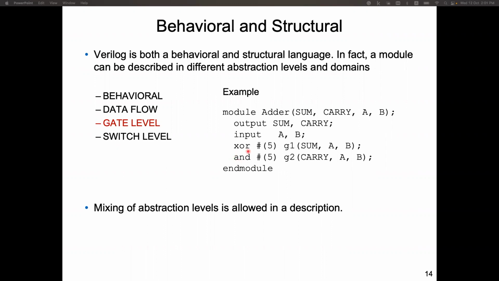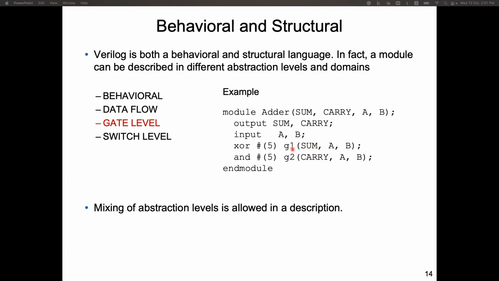So now this line declares the XOR. Say there is a XOR, and the XOR's name is called G1. The instance name, I give it the name G1. Call it G1.